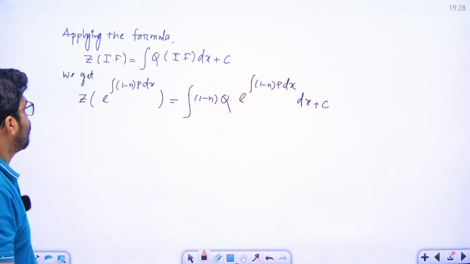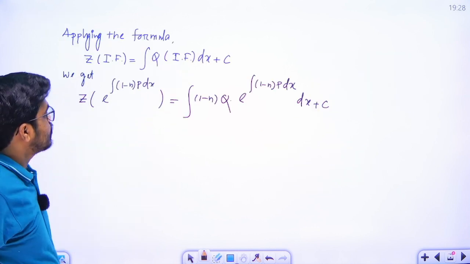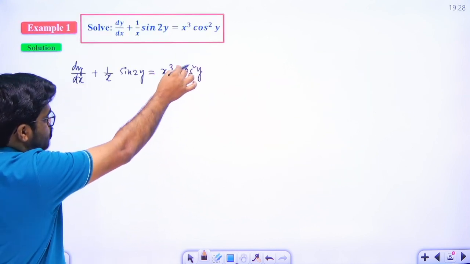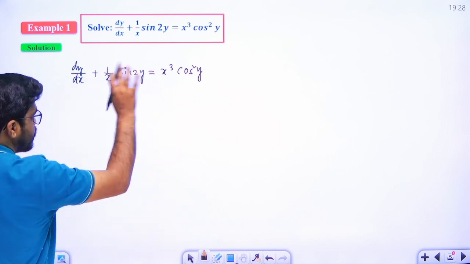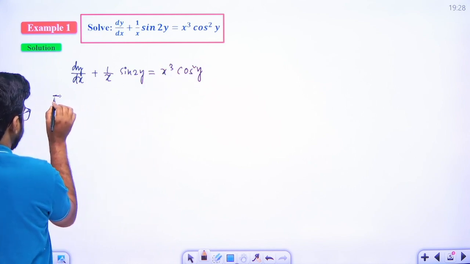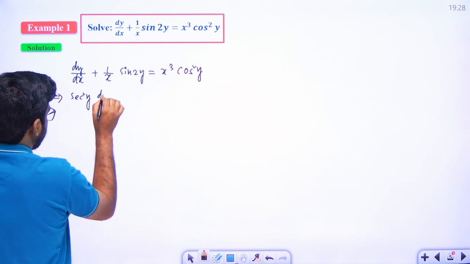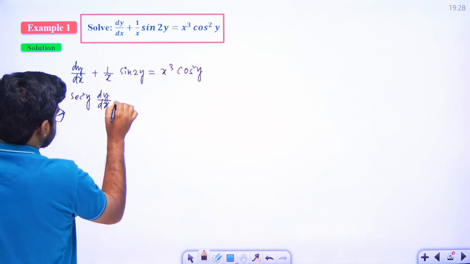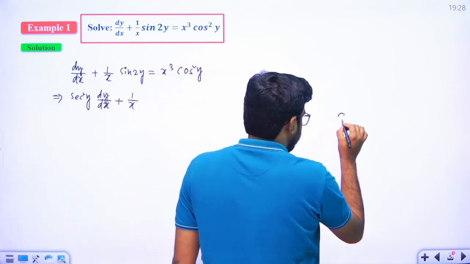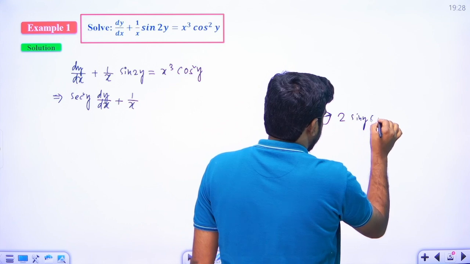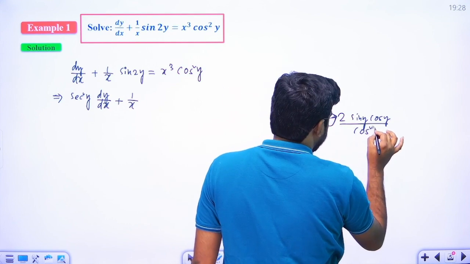Just see. First what will I do? I will divide by the function of y, that is cos square y. Dividing both sides by cos square y, what do we get? 1 by cos square y, that means sec square y dy/dx, plus 1 by x into sine 2y, that is 2 sine y cos y, divided by cos square y.